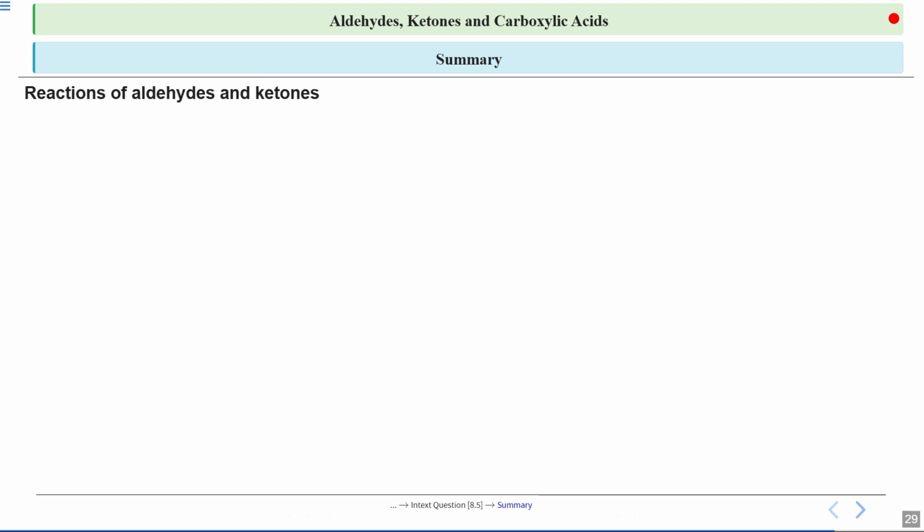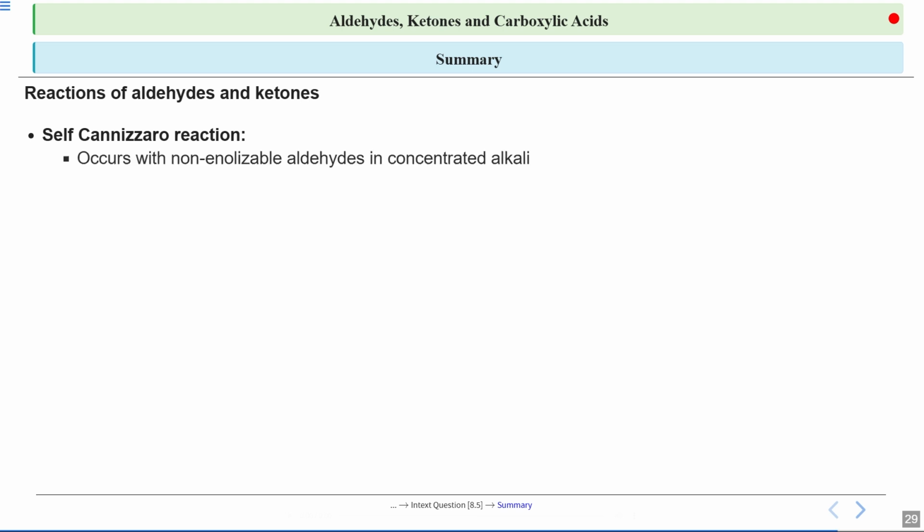So now let's conclude with the summary. The major concepts which we have discovered today: we talked about the self-Cannizzaro reaction. This reaction involves aldehydes that do not have enolizable hydrogens, and occurs in the presence of concentrated alkali. So the reaction occurs with non-enolizable aldehydes, which means the aldehydes do not have alpha hydrogen.